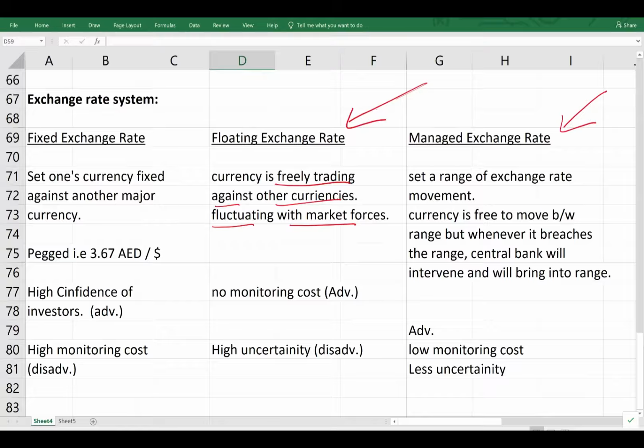The problem is high uncertainty, right? Because investors know that the government is not taking any initiative either. Anything might happen, and if the exchange rate moves to the very adverse side, we might lose. Why am I saying adverse?